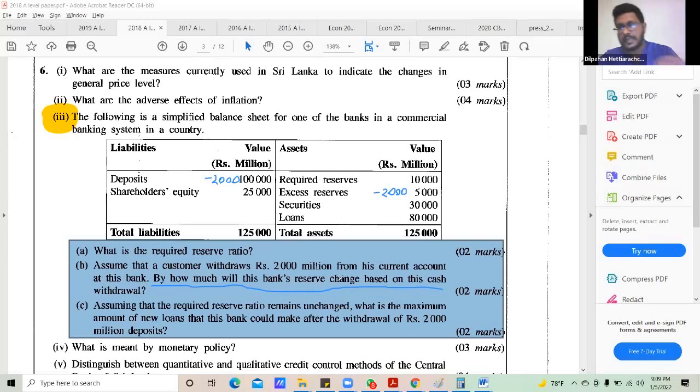So without just telling, okay, there is a reduction of 2,000, the best way of presenting this is, you can tell, initially this was 15,000, now it's 13,000. Therefore, just put 3 dots and write, there is a reduction of 2,000 million rupees, right?